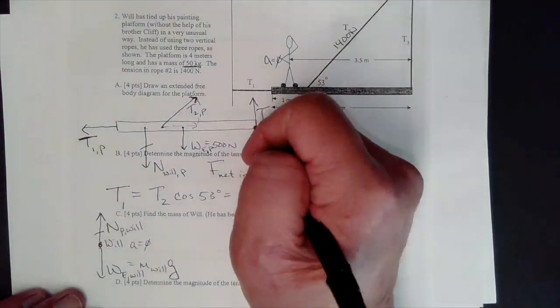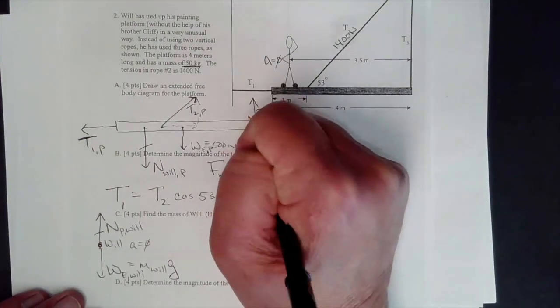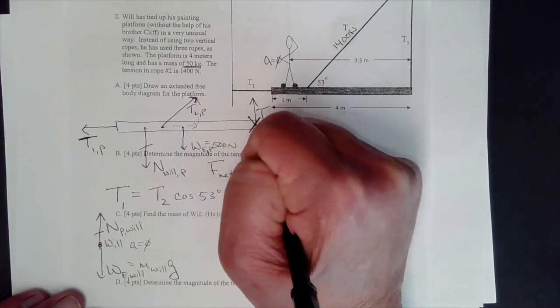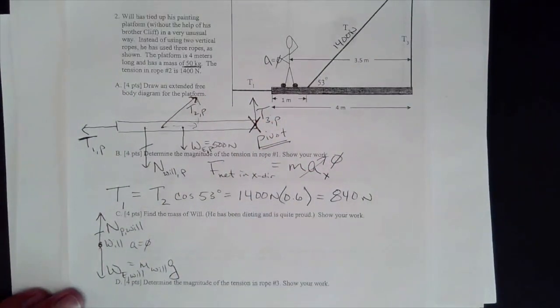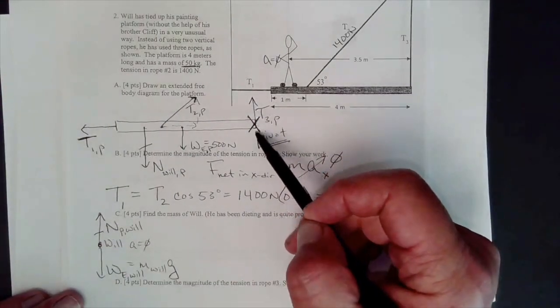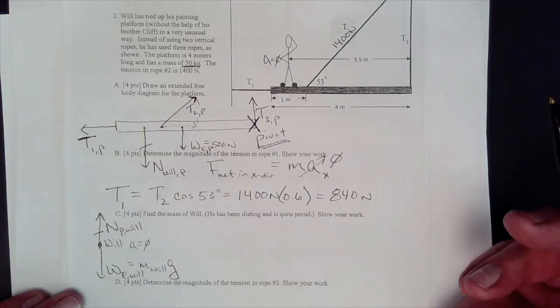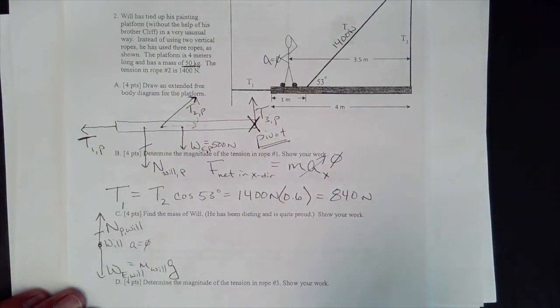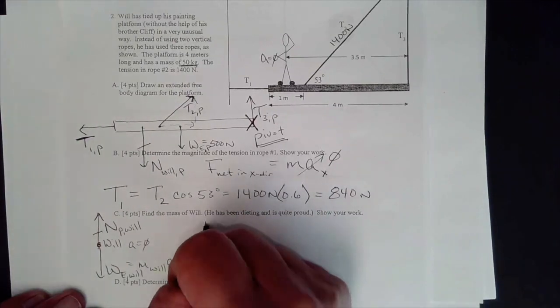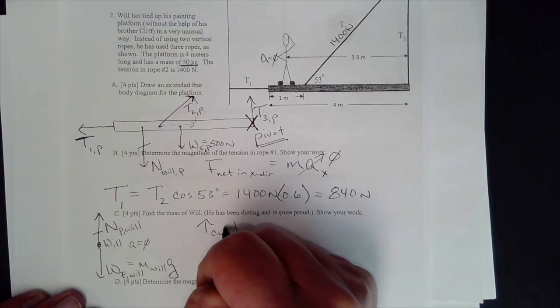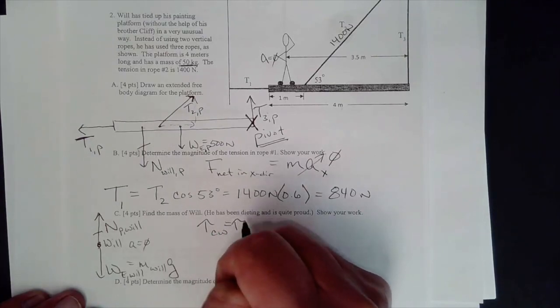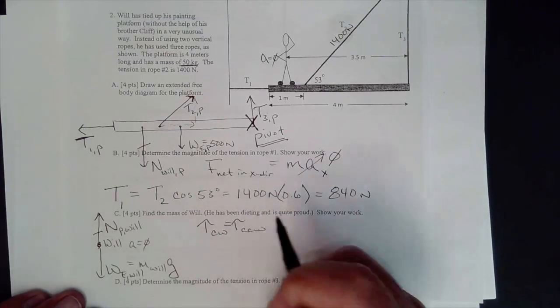And I do that by balancing torque and choosing my pivot to be at the location of the unknown force that I don't care about right now, and that's T3. If I do that, then T3 gives me no torque about that pivot point. And so now what I'm going to do is balance all the clockwise torque with all the counterclockwise torque.